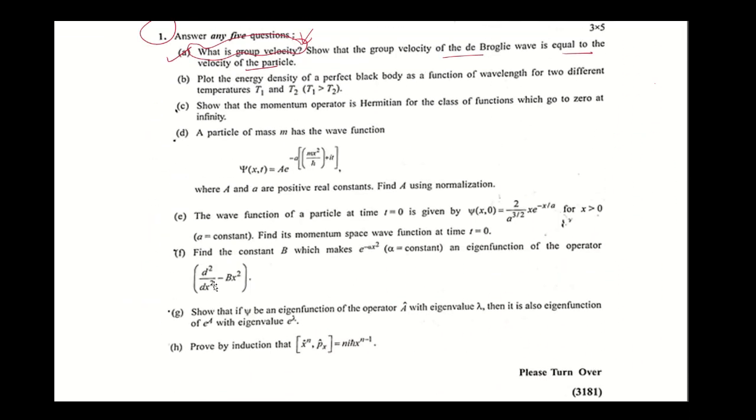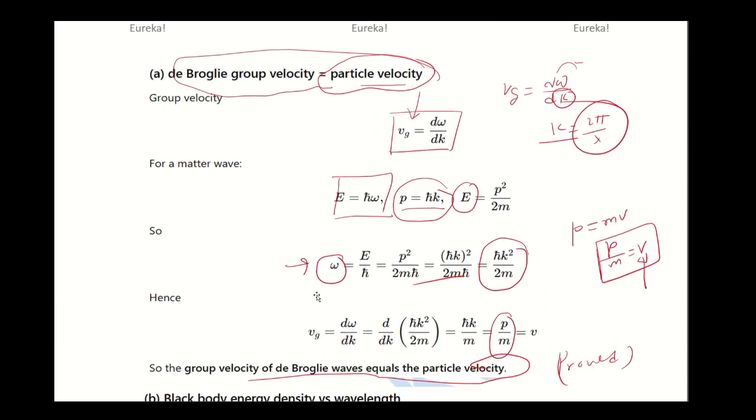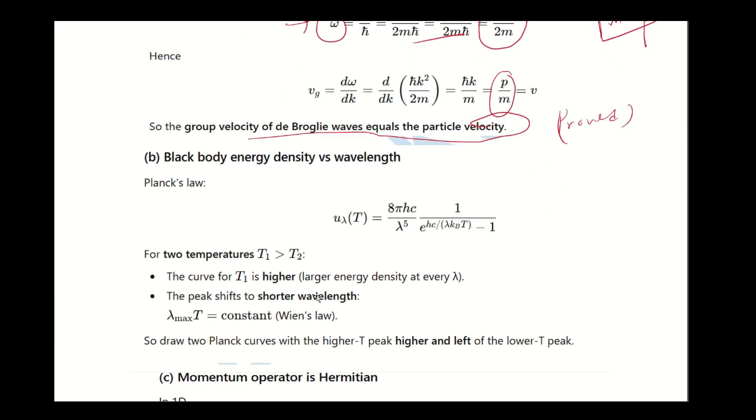Next question: plot the energy density of a perfect black body as a function of wavelength for two different temperatures T1 and T2. We have to plot. So we know the distribution function, that is basically energy density, is given this way.